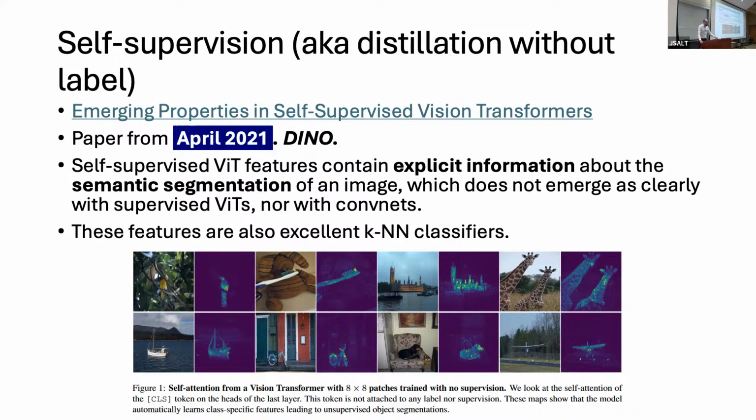And so DINO actually takes advantage of this. They were using also ResNets, like convolutional neural networks, as the backbones, or transformers. And transformers are used predominantly right now. And here in the images, you can see this model was trained without the labels, so without knowing what's in the image.